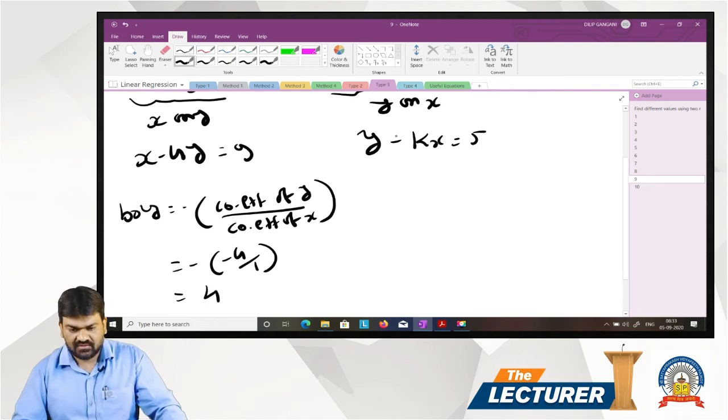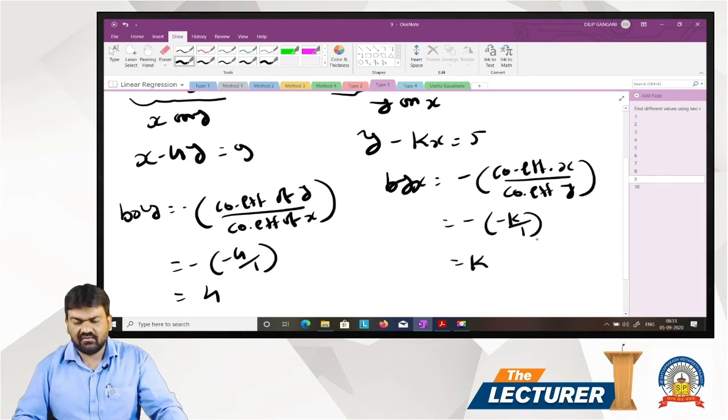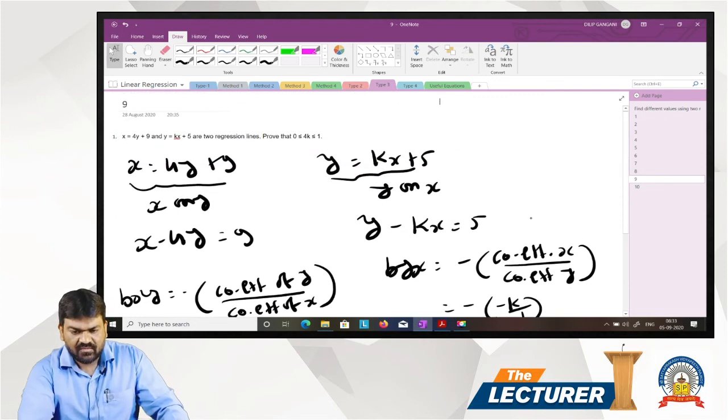Okay, now byx is minus coefficient of x divided by coefficient of y, minus minus k divided by 1, minus minus plus k. Okay, we have to prove 0, 4k, 1.